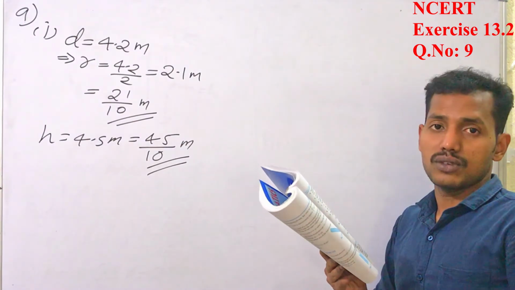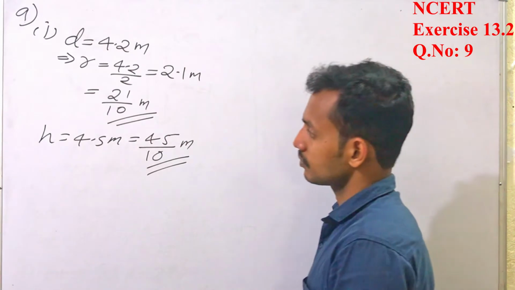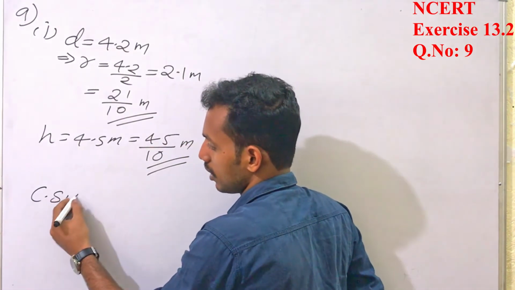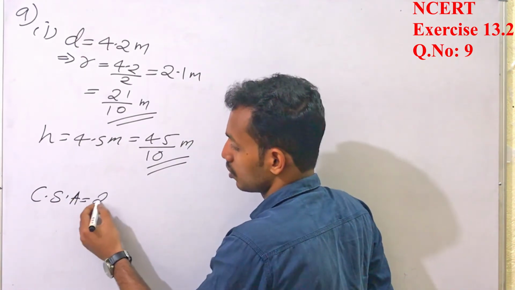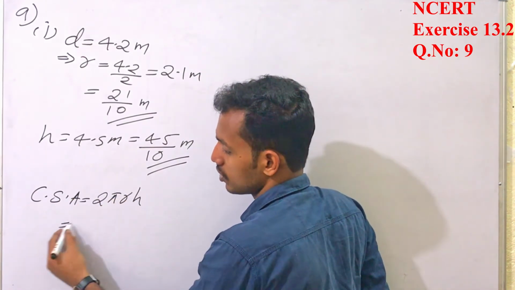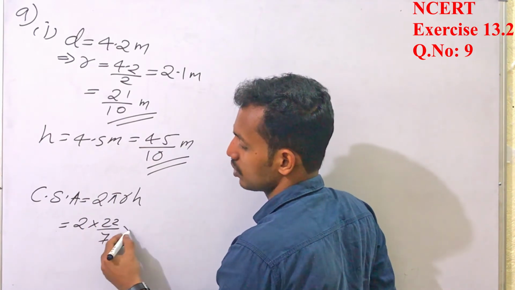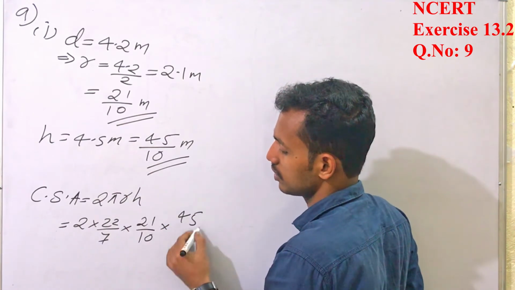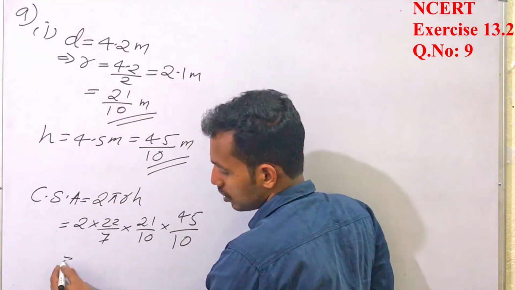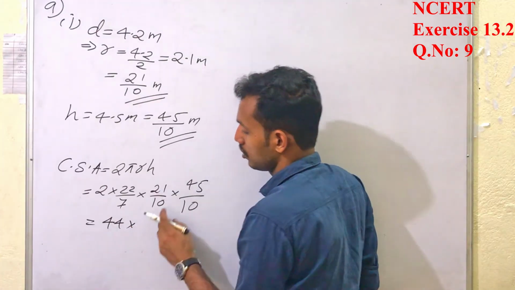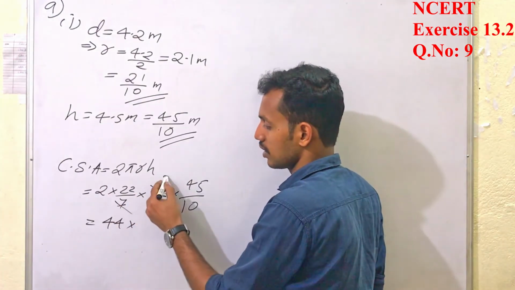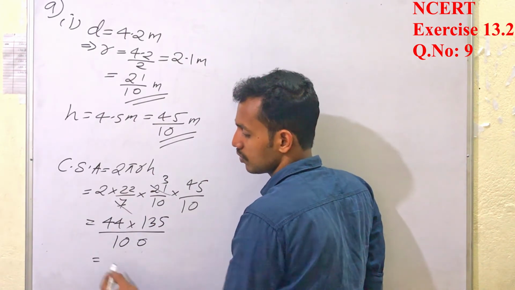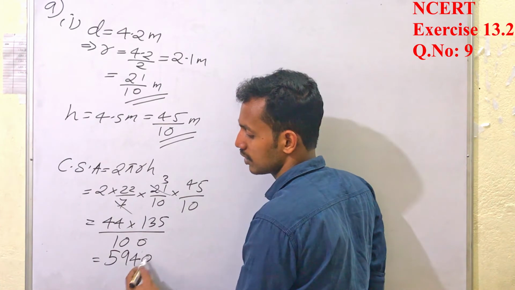Find the lateral or curved surface area. That is the first question. So, what is the formula to find the curved surface area? That is equal to 2πrh, which is equal to 2 into 22 by 7 into radius 21 by 10 into height 45 by 10, which is equal to 44 into 21 into this we can cancel. 3 into 45 is equal to 135 divided by 100, which is equal to 5940 divided by 100.